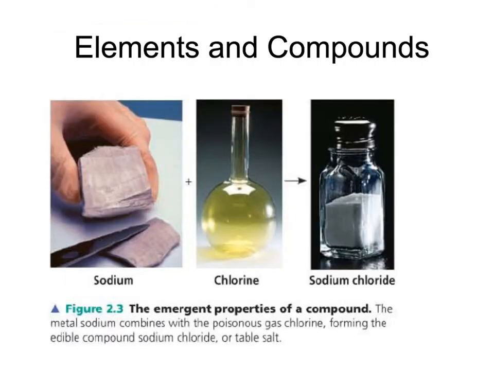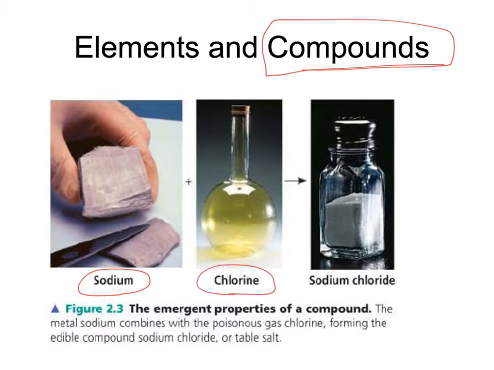We find some kinds of elements in the form of compounds, and you know from chemistry, when elements are in the form of compounds, the chemical or physical structure is completely different. For example, this is sodium. It's a kind of metal. You can cut it with a knife. It's not a very hard metal. And chlorine is a kind of gas, a poisonous gas.